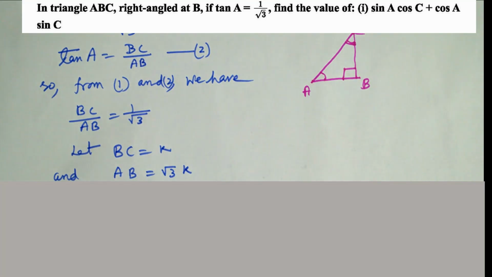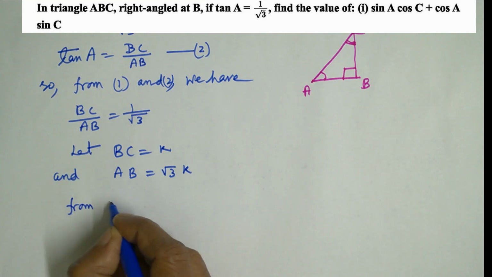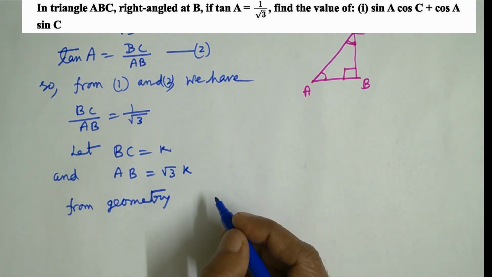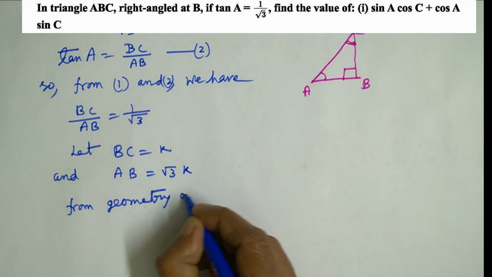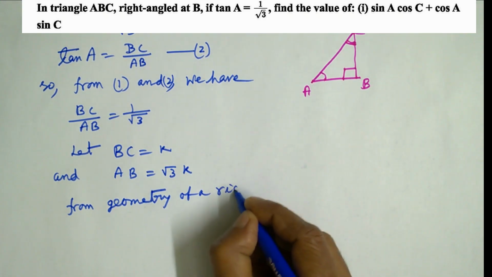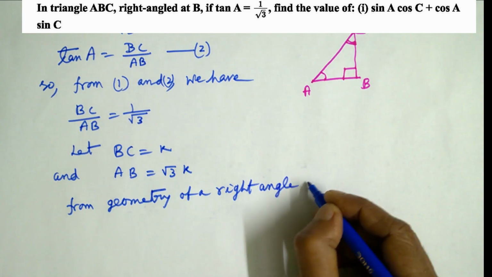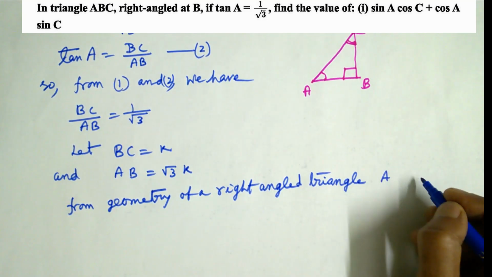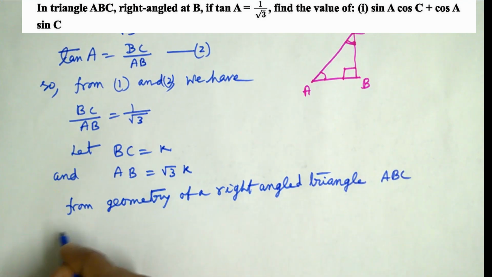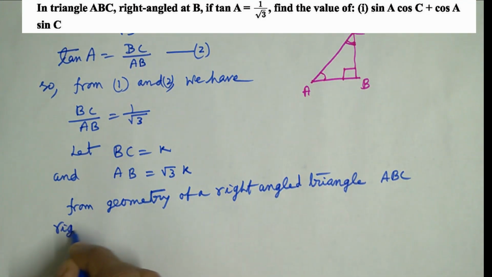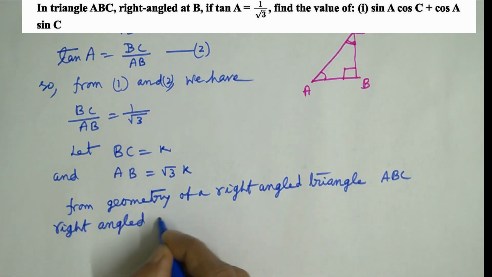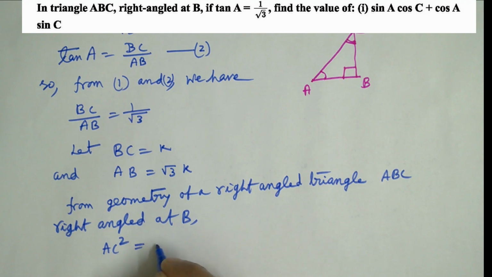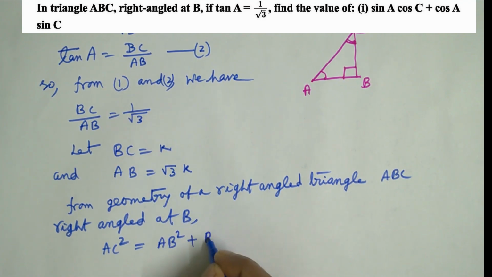So from the geometry of a right angled triangle ABC, right angled at B, AC square is equal to AB square plus BC square.